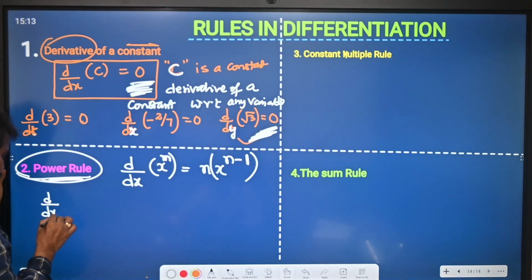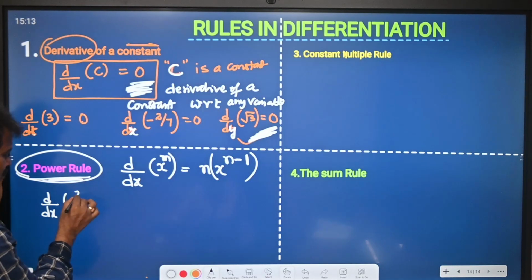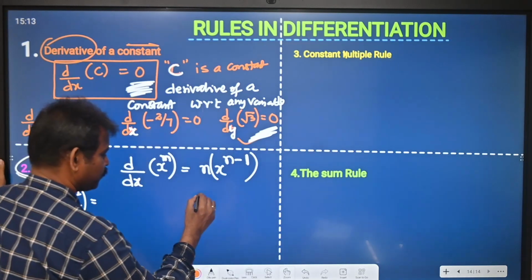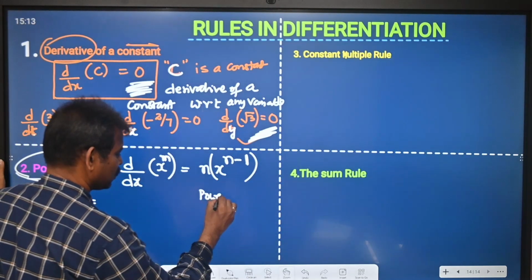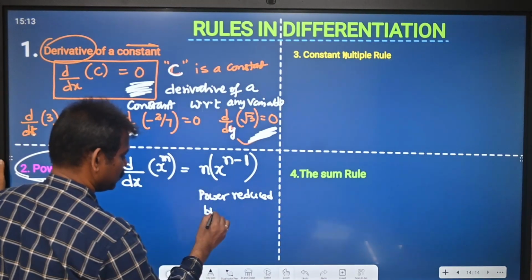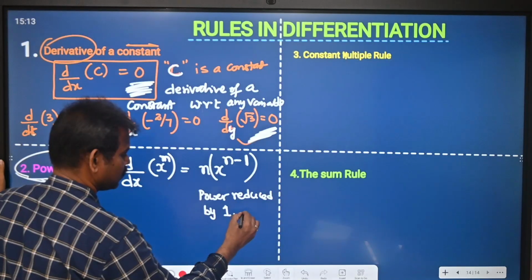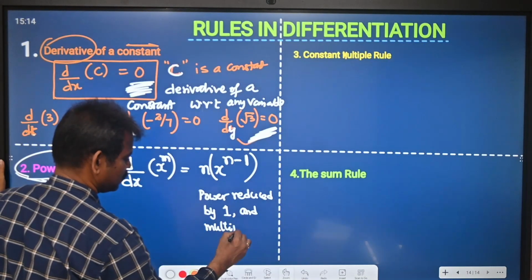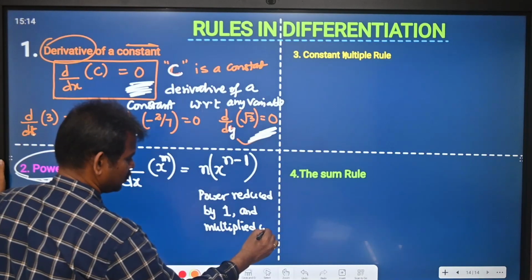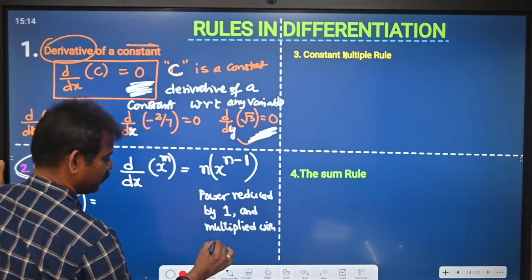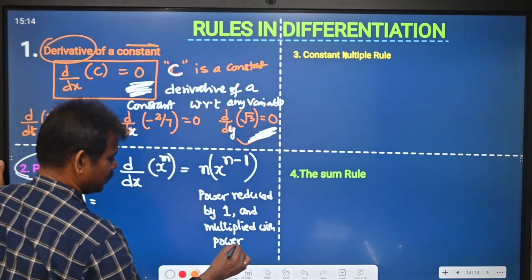d by dx of x square is, first the power reduces by 1 and is multiplied with that same power.